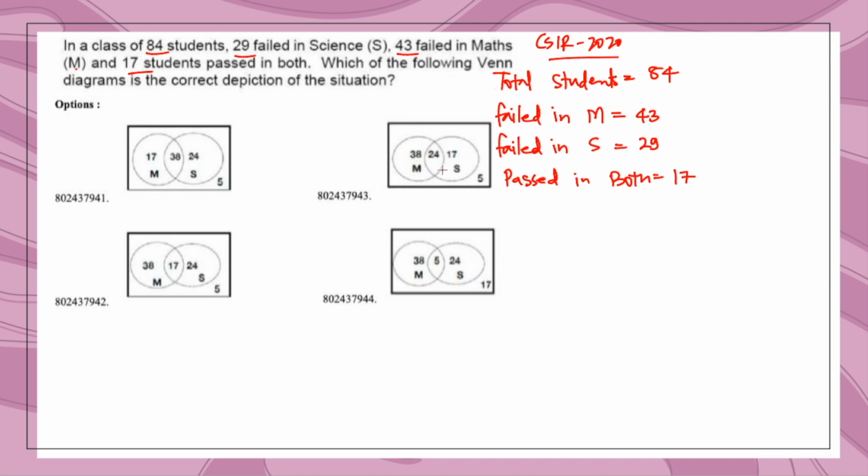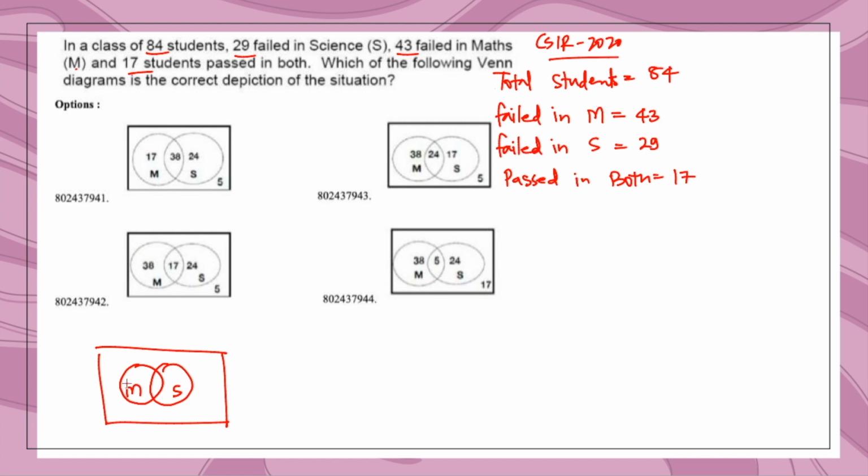What does that mean? It means that if you draw a Venn diagram of failed students, this is the total students, this circle is for those who failed in maths, and this circle is for those who failed in science.